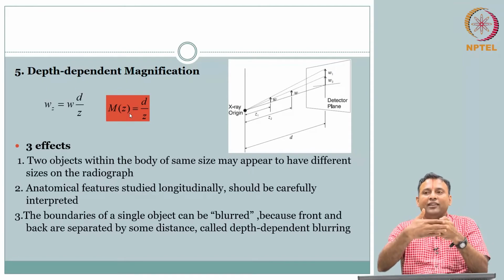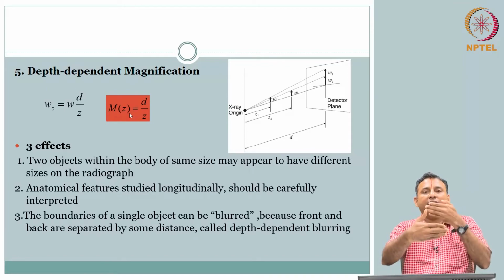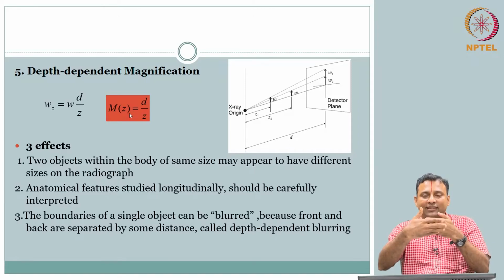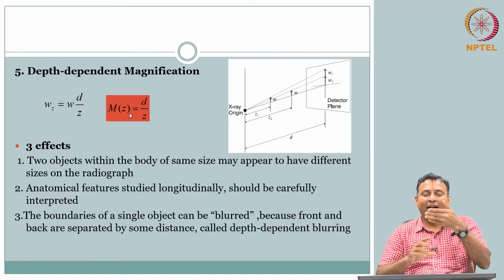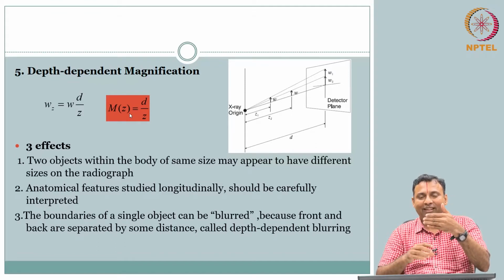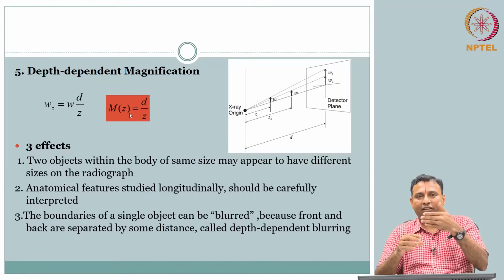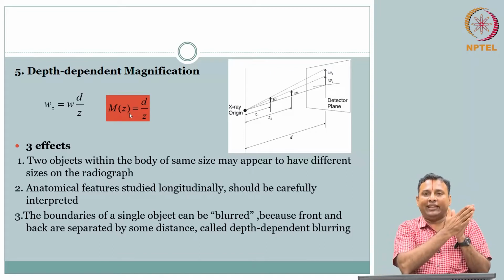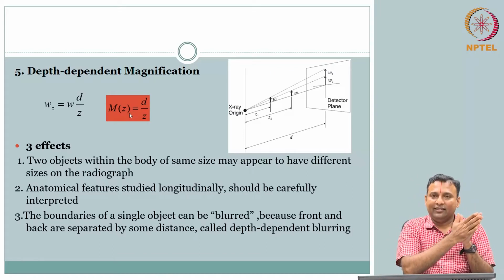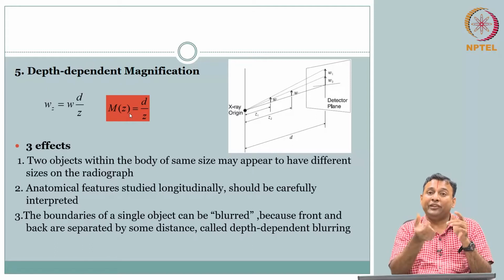So if I have an object which has a front end and a back end separated by a distance, the front edge is going to grow, and the back edge is going to grow less, right? There is going to be some magnification unless this is on the detector. Otherwise there is this differential magnification.